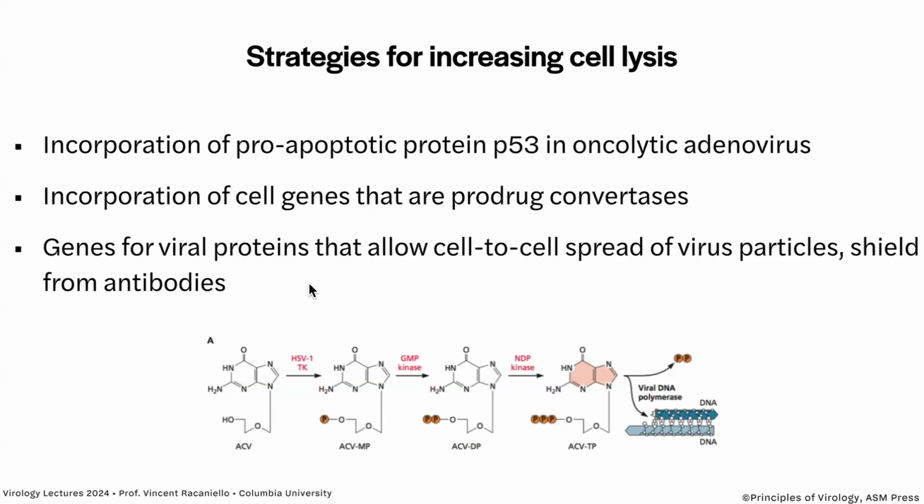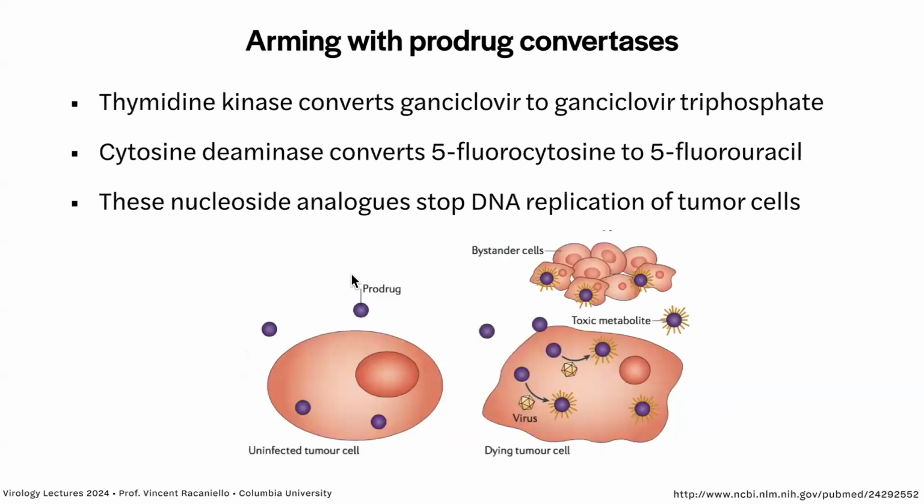We can also add genes encoding viral proteins that allow cell spread of the virus. For example, a fusion protein would allow cell spread in the tumor, and that would shield the oncolytic virus from neutralizing antibodies. So it keeps the virus going from tumor cell to tumor cell.